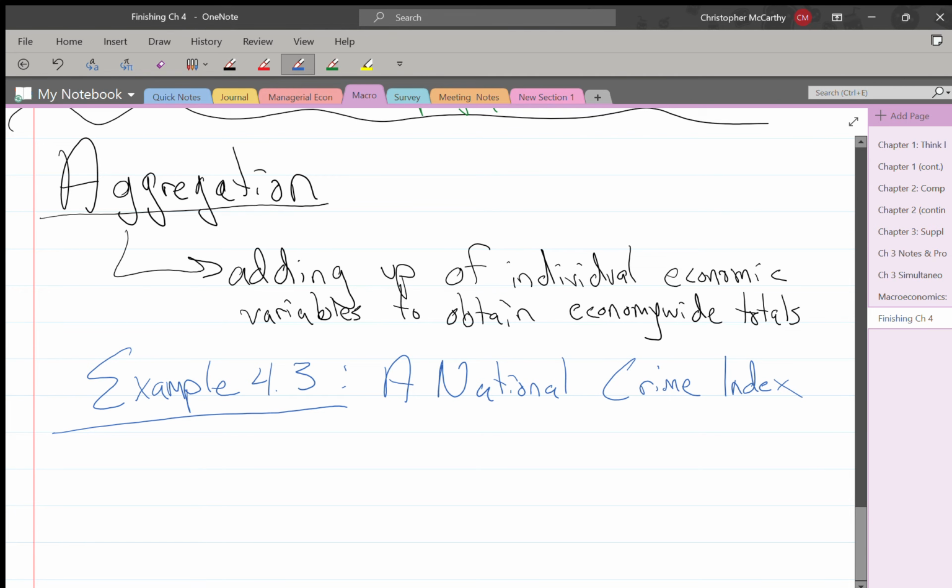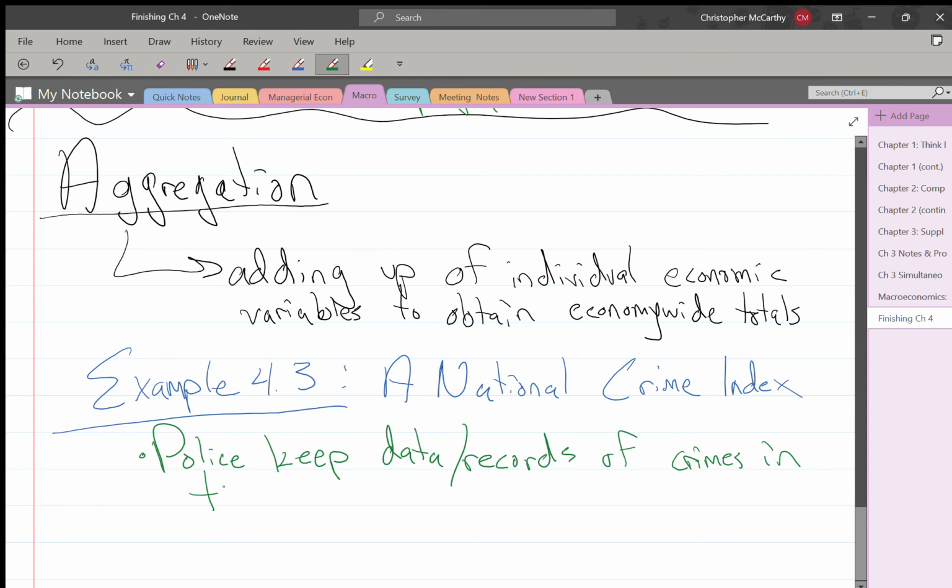They're going to be more frustrated. They're going to steal more things. They're going to lash out, right? Just in general, they're just going to be more of an exposed nerve. And so it's this partly economic problem. And so to figure out in general what's happening with crime, we go to our statistics, and we know that police keep data or records of the crimes in their jurisdictions.